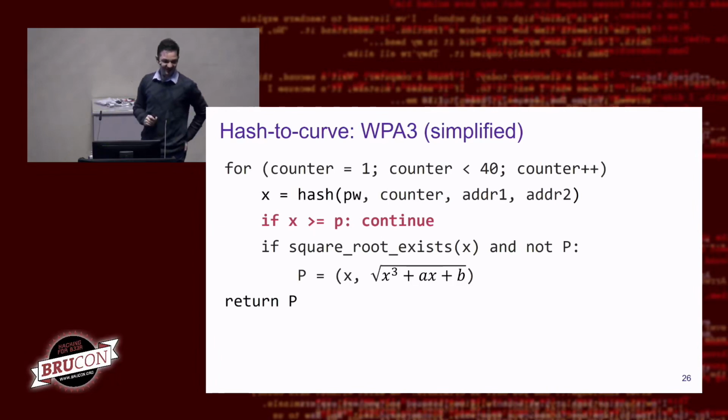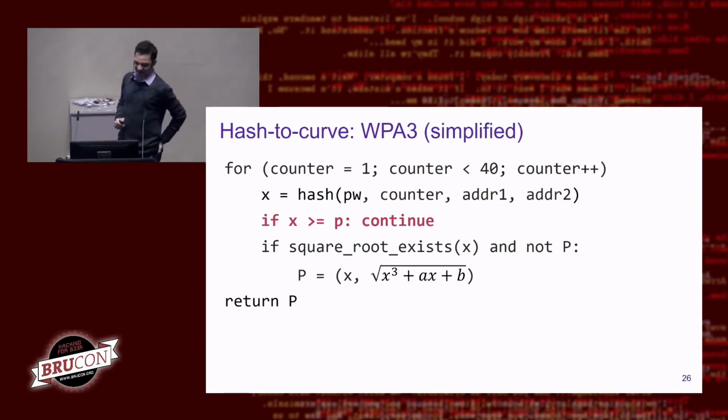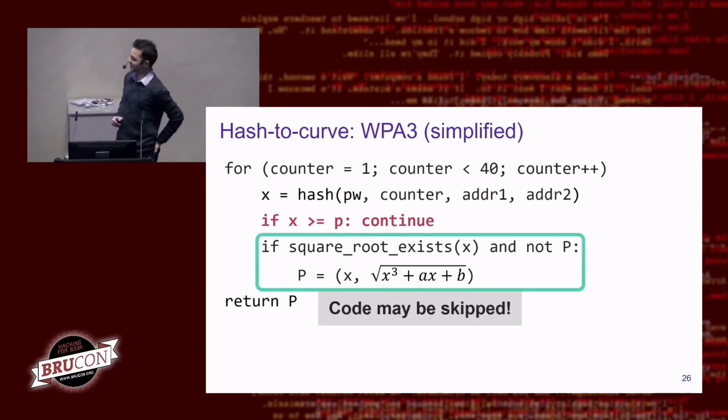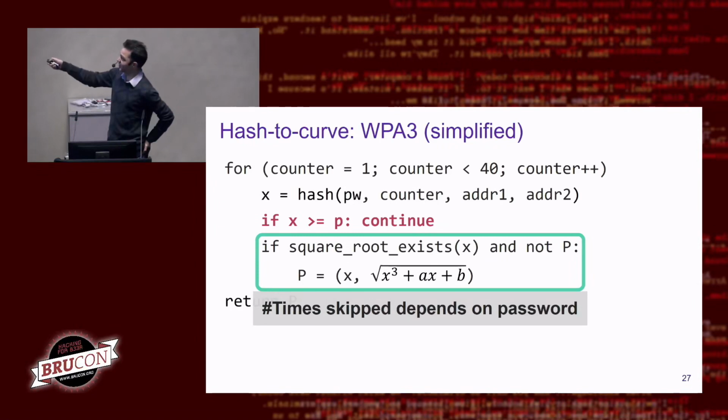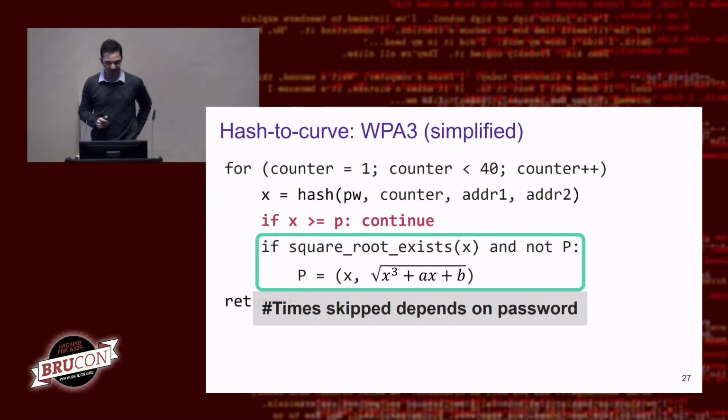Yes, you again get a different execution time, because this amount of code here is then skipped. And even more problematic, the amount of times that this code is skipped will depend on the password. So again, we have a timing leak here.